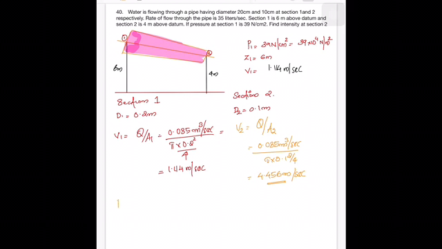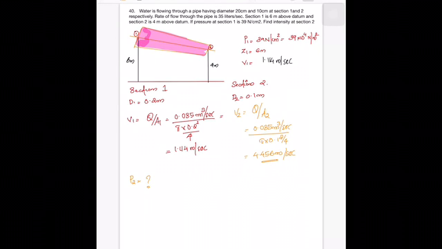P2 we need to find out, because in the question they have said that if pressure at section 1 is 39 Newton per centimeter square, find the intensity at section 2. We need to find out P2. Z2 happens to be 4 meters and V2 happens to be 4.456 meters per second. So we have P1, V1, Z1. We have Z2, V2. We need to find out P2.